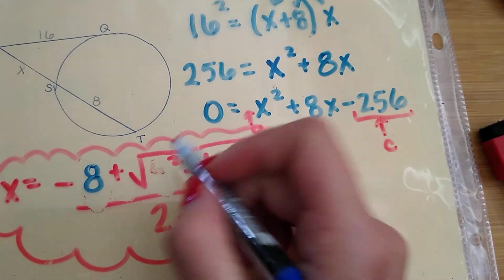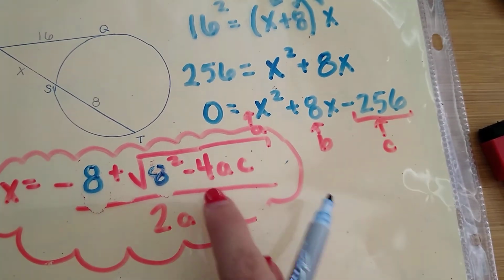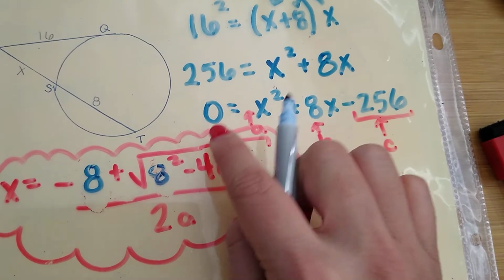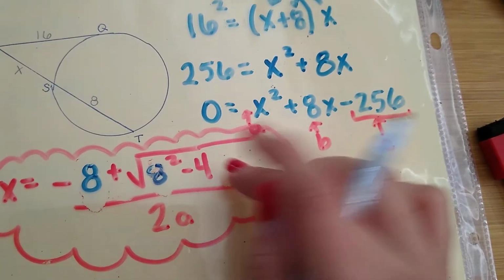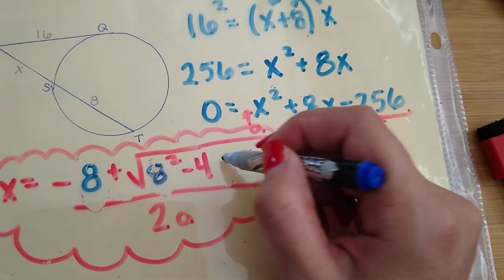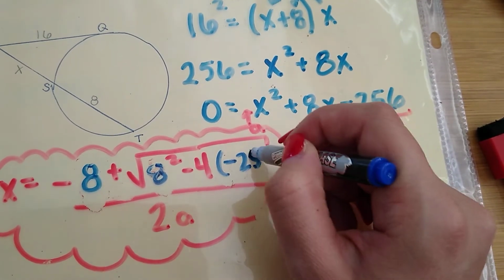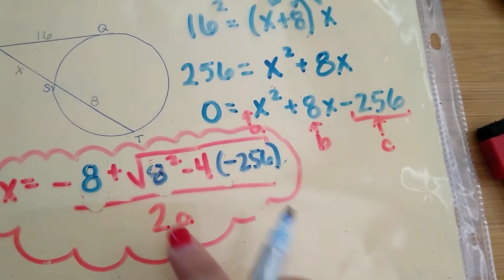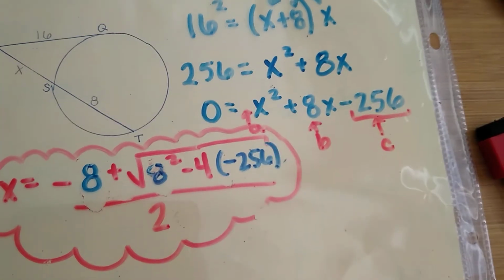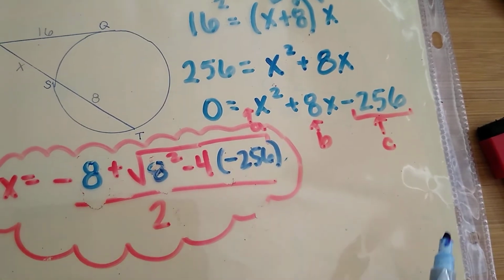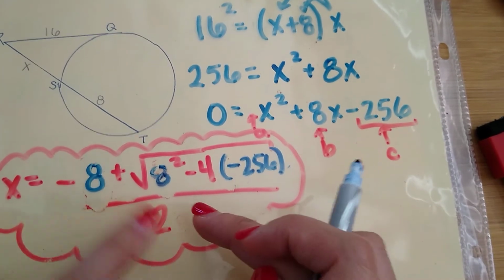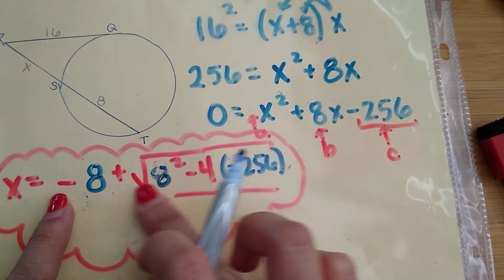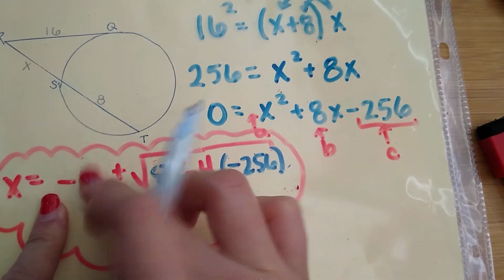And then this is 8. A is just 1, so I'm just going to leave it alone. And C is negative 256. And then A is just 1, so I'm going to leave it by itself. Right off the bat, though, I notice that the 8 and the 2 can cancel out. I can simplify that. So this is just going to go away. 8 divided by 2 is 4.